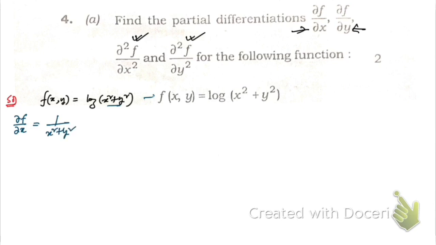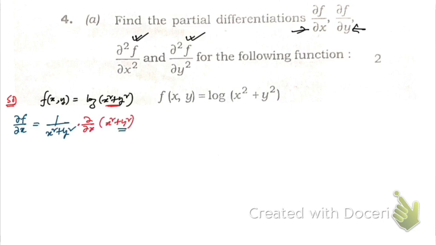If you assume this one as x, but it is not x, it is a function of a function, you can say f of g of x, like this, right? So that's why here you have to differentiate this term again, with respect to x square plus y square.